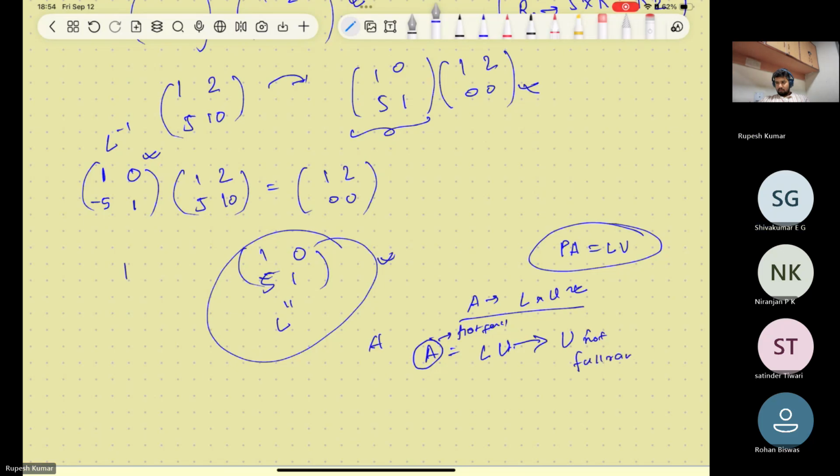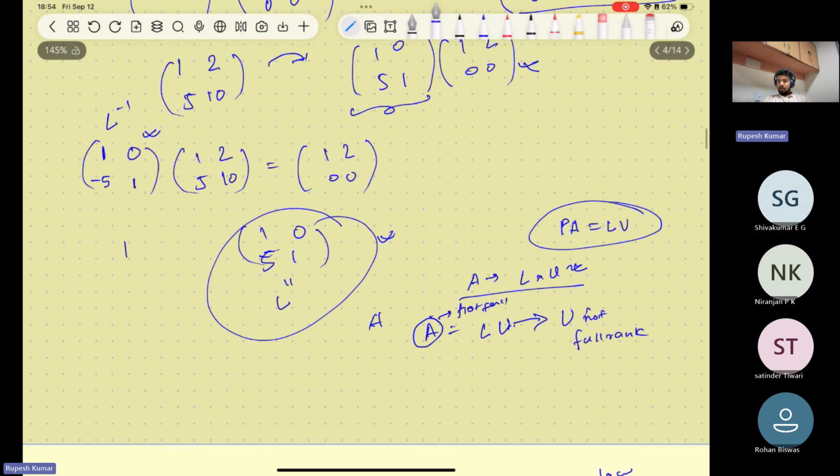Now, LU decomposition only says that can you write it as a product of L and U. And I think there is some hard restriction on the definition of lower and upper triangular matrices. Basically, the diagonal element cannot be zero.